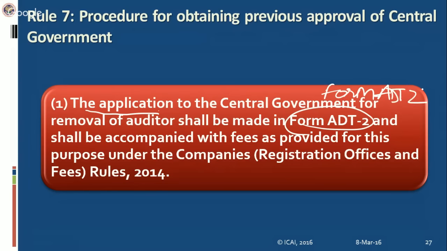And this application which I am making to the central government shall be accompanied with the fees which is provided under the Companies (Registration Offices and Fees) Rules 2014. There are different sets of rules, I tell you. So this Companies Act 2013 is rule based.